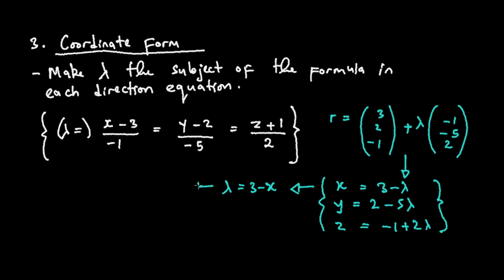But another way of doing it, of course, tikaendesa 3 kuside uku ikava x minus 3 is equal to minus lambda, tikazo divide both sides na minus 1, tinoona kuti lambda inge equal to x minus 3 over minus 1. And saka kuti lambda is 3 minus x, zvakatongofanana nekuti lambda is x minus 3 over minus 1, because we know kuti tikaendesa minus kunoku, it will eventually be 3 minus x.